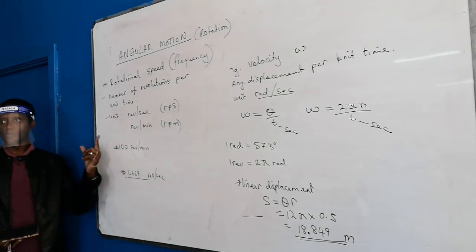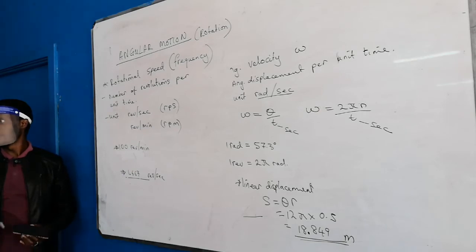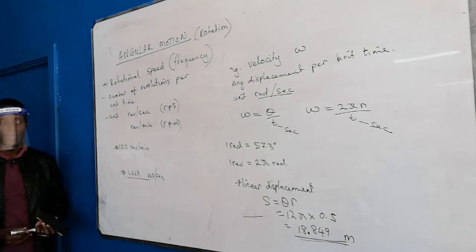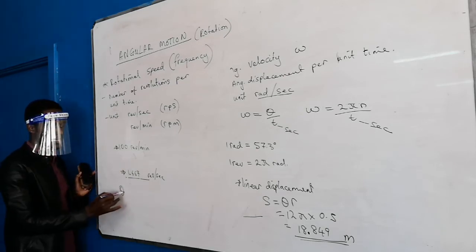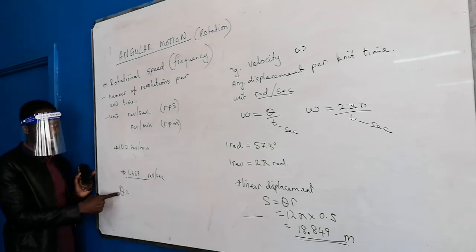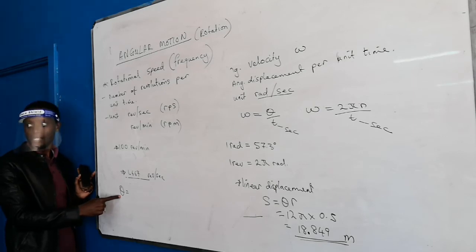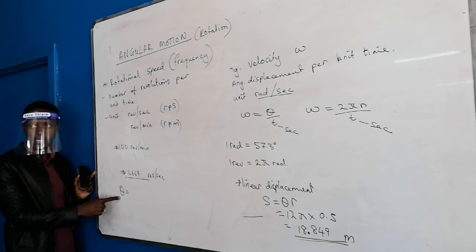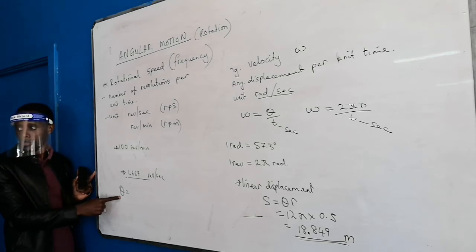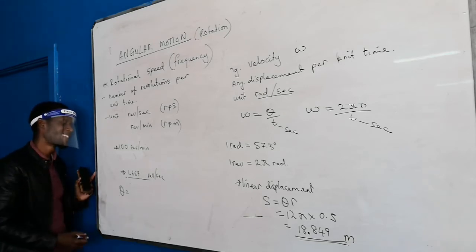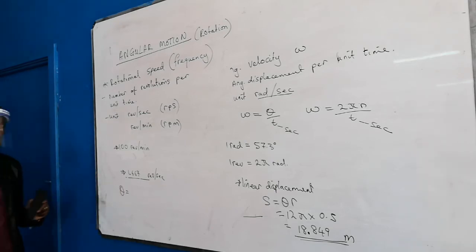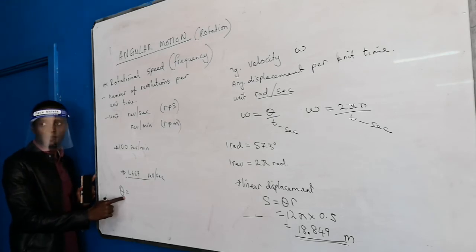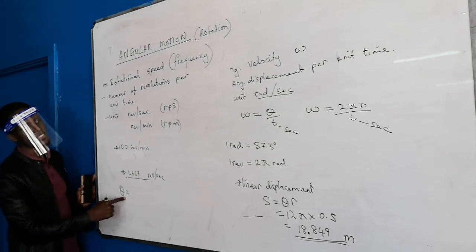So this machine has made 100 revolutions in 1 minute. In 1 minute it makes 100 revolutions, which means its angular displacement, theta, in 1 minute, I'll break that down.